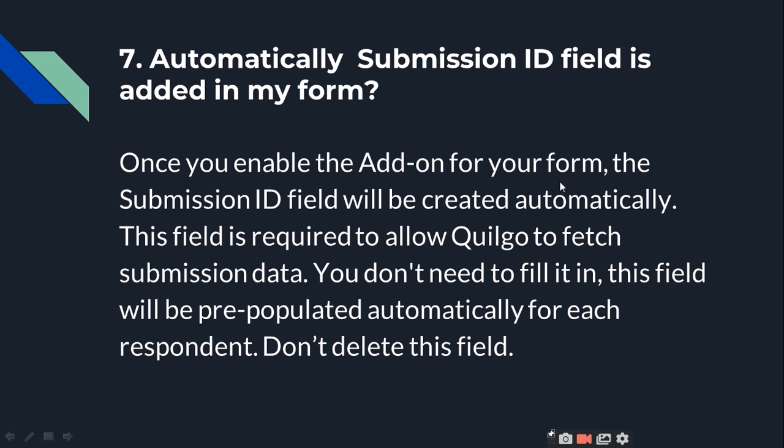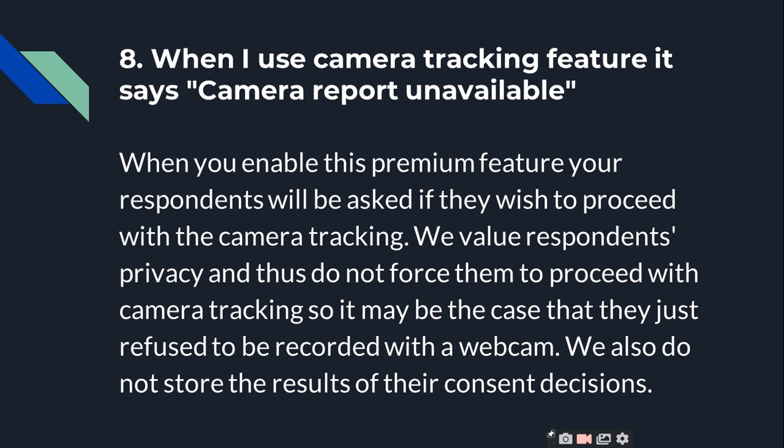Once you enable the add-on for your form, the submission ID field will be created automatically, and this field is required to allow Quilgo to fetch submission data. Don't delete this question. This is a required question, you don't need to fill in this field, and give the instruction to students also not to fill any data inside this. Sometimes students try to delete this, so give the instruction beforehand.